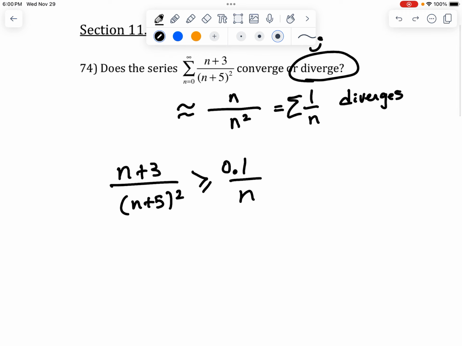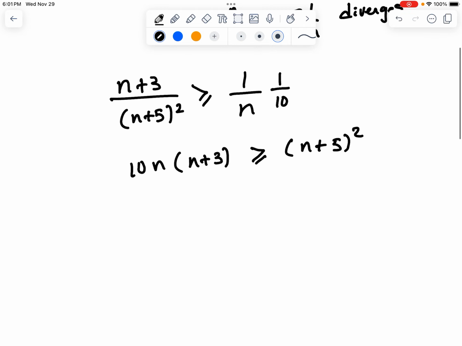So now to do some algebra. So one thing that I would do is I would go ahead and rewrite the 0.1 as a fraction like that, and then we could multiply both sides by 10n, so there's the left side, and then multiply both sides by n plus 5 being squared, and then we get 10n squared plus 30n is bigger than or equal to, on the right side multiply this out, n squared plus 10n plus 25.